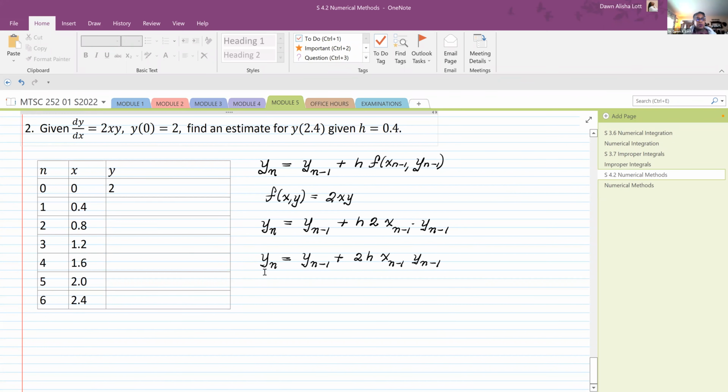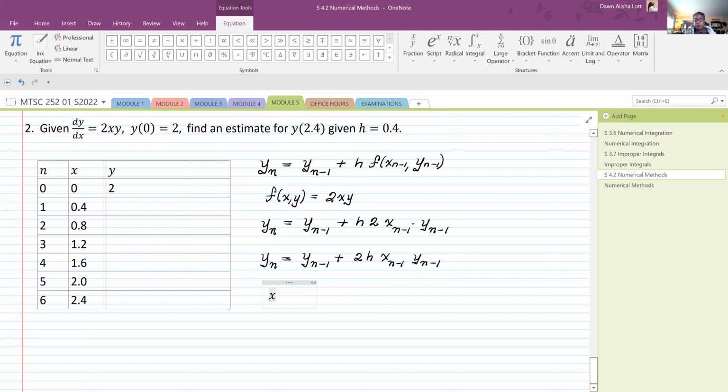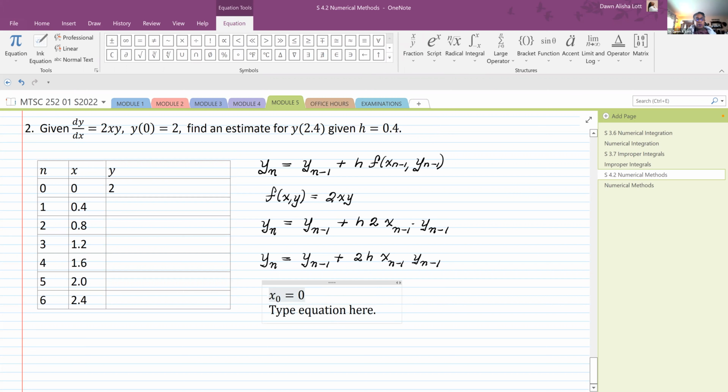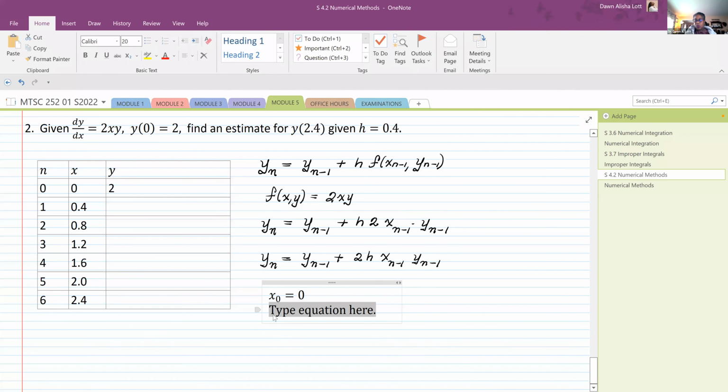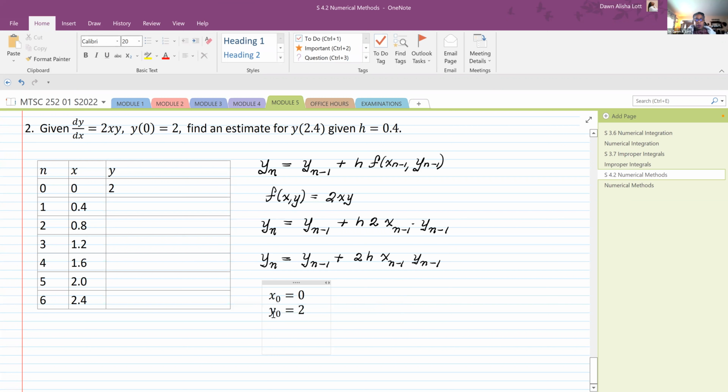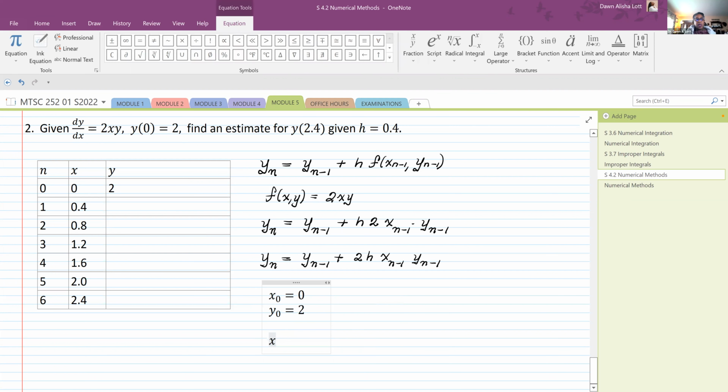Okay, so here we go. The first one, we start off with x0 is equal to 0 and y0 is equal to 2. Okay, so x1 is equal to 0.4.